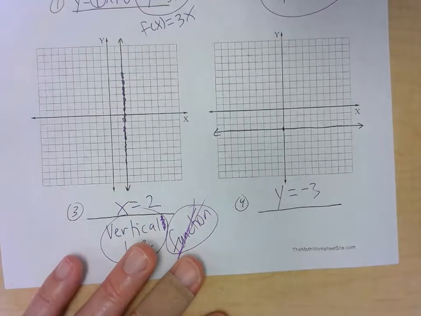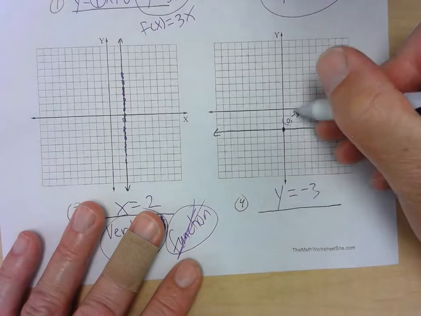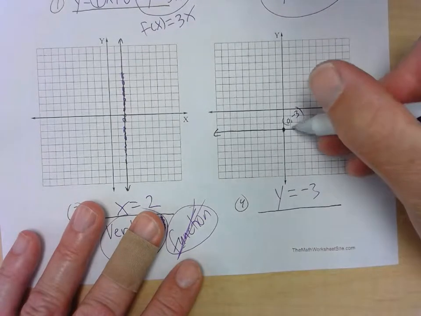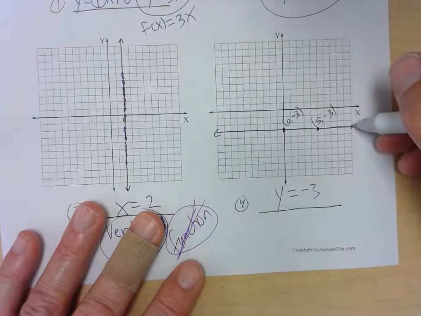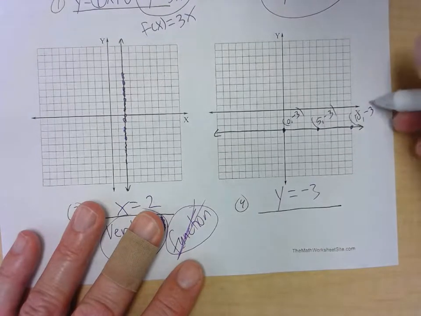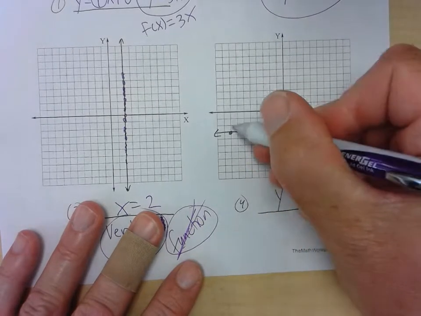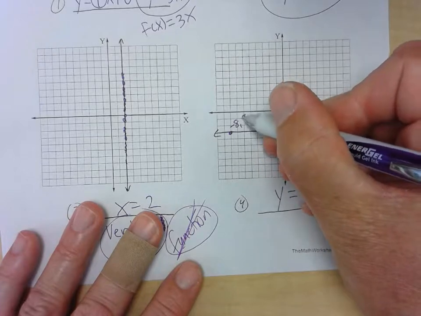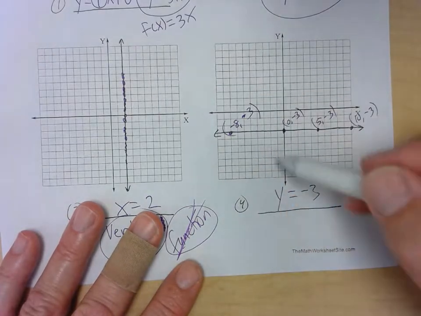And that should totally make sense, because if I go to this point here, that'd be 0, -3. If I go over here, 1, 2, 3, 4, 5, that'd be 5, -3. If I go here, it's 10, -3. If I go right there, that would be -8, -3. So I'm always stuck with a y value of -3.